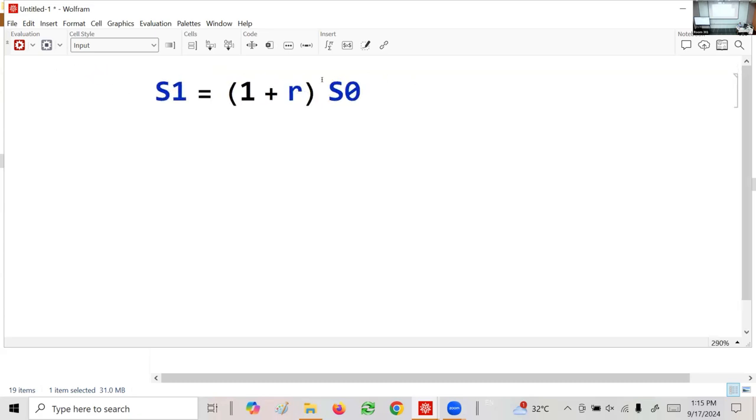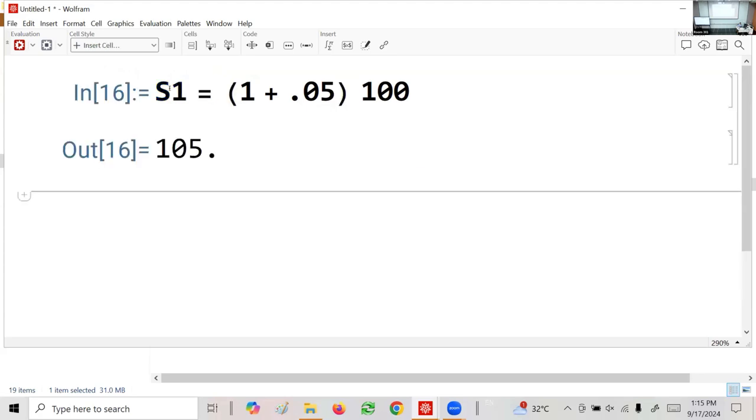Does this make sense? So you buy the stock today, and at the end of the period, you get 1 plus R. Let's say this is 5%, so it's 1.05. Let's say you start with 100 and you add 0.05. What do you get? You get this, right?